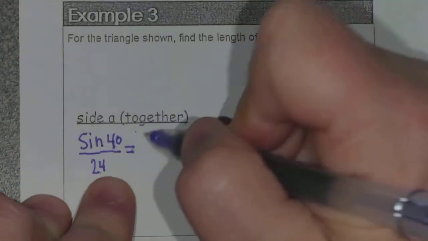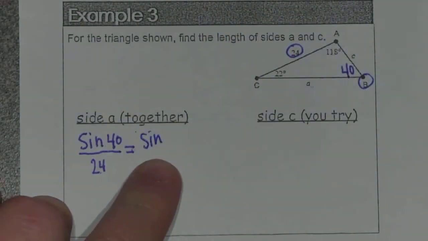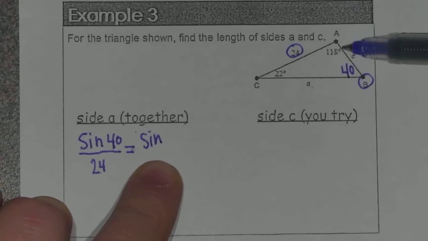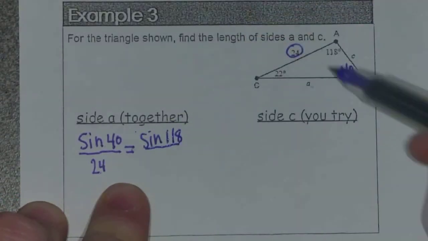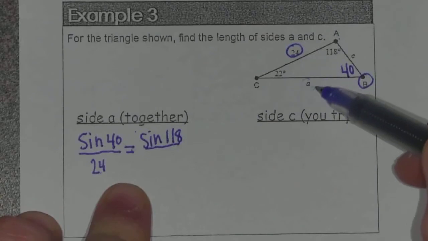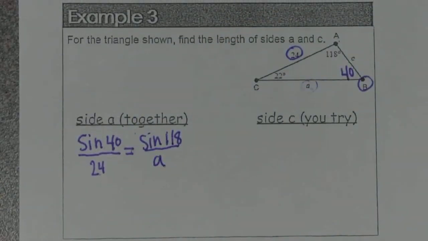A. So I'm going to do the sine of A. Do I know what angle A is? Yeah, it's 118. Do I know what side A measures? No, so little a goes on the bottom right here. Does everybody understand how I set up that proportion? Okay, what do I get to do now?